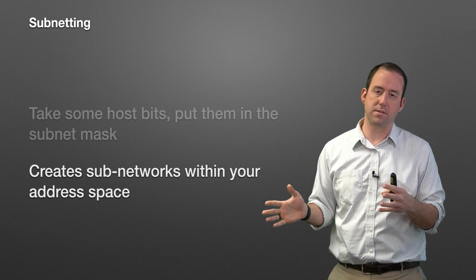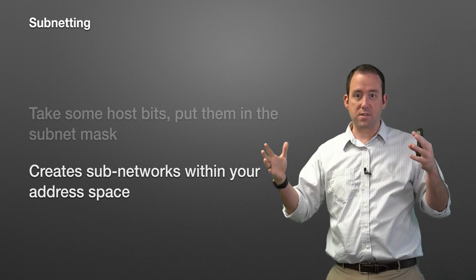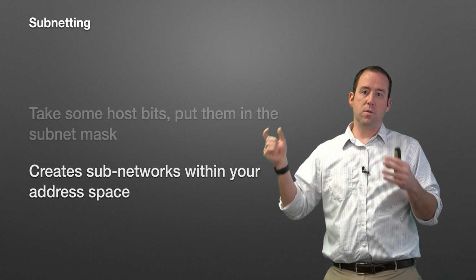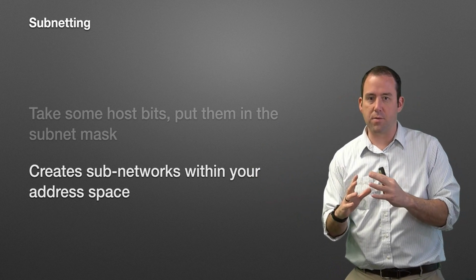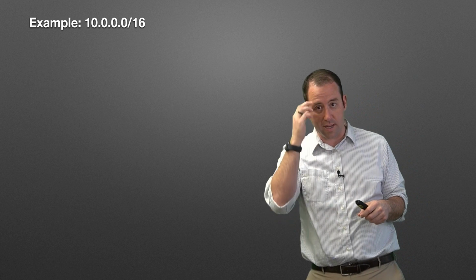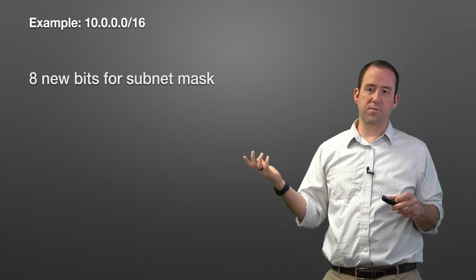So the 10.0.0.0/8, that's our space. That's what we control, and we can do anything we want with the addresses that start with 10. So let's split them up and make a bunch of smaller networks within that. So for example, let's say we wanted to make 10.0.0.0/16. It's still within our 10.0.0.0 network. Everything's going to start with 10, and anything that starts with 10 is within that network. So we have 8 new bits for the subnet mask then.